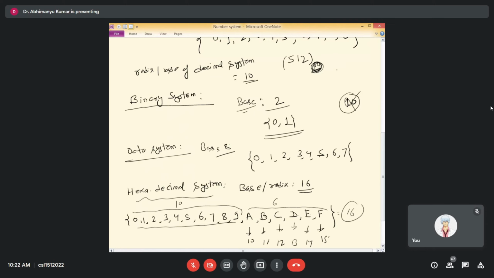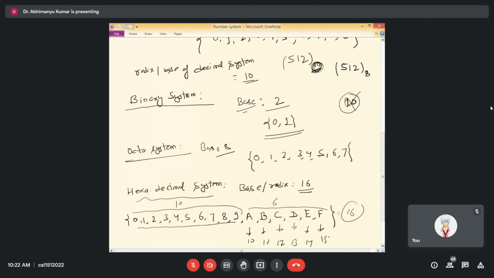So if you write the same figure, not the same quantity, 512, and if I write 8 here as the subscript, now this 512 is representing some different quantity, because now it is represented in which number system? The octal number system.